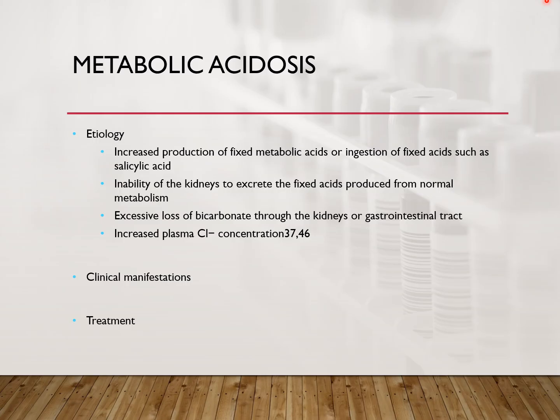Cardiac output can start to suffer significantly. The heart can start to become less responsive to epinephrine and norepinephrine stimulation. Arrhythmias can develop, including fatal ventricular arrhythmias. So really low pH is not tolerated very well at all.